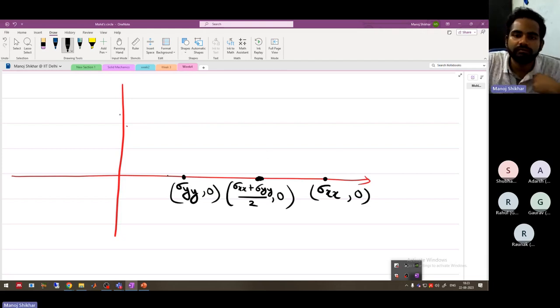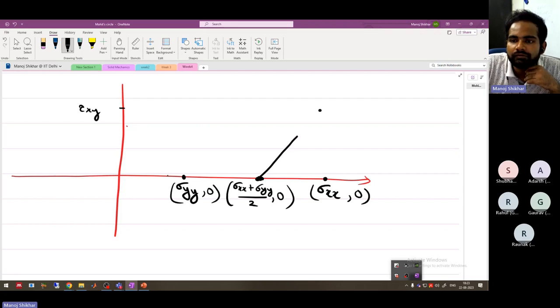Now we know that there is some tau xy. So this is the tau xy. This is corresponding to E1 plane. So if I join this gives me E1 plane. And E1 plane is, if you remember the formula of Mohr circle, at an angle 2 phi.